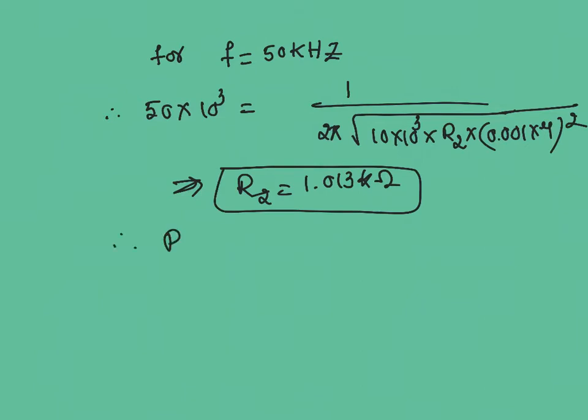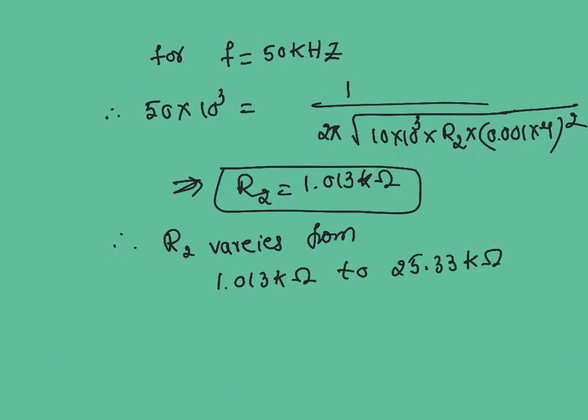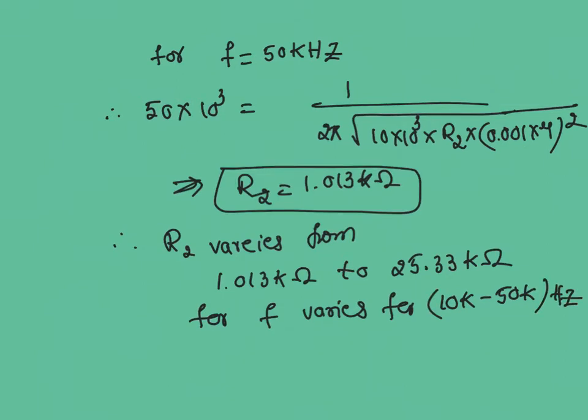Therefore R2 varies from 1.013 kilo ohms to 25.33 kilo ohms, for f varying from 10 kHz to 50 kilohertz. So this is the value.